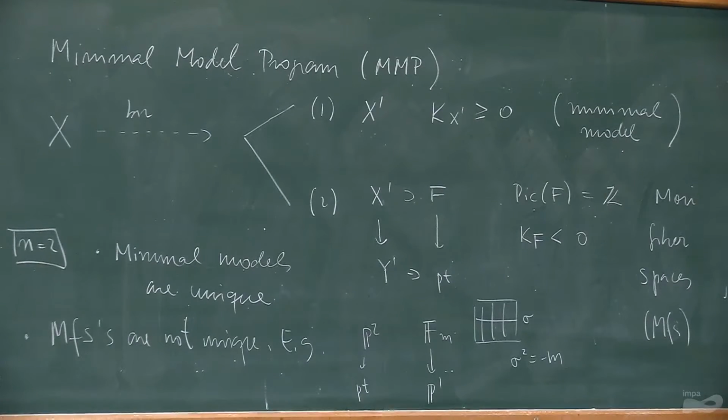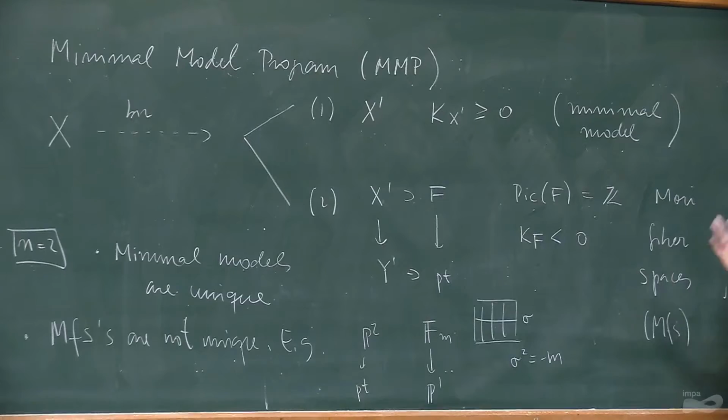Yes, yes, I will. The minimal model program? Yes. No. So for the minimal model program, there have been recent developments. There is a version, let's say, of the minimal model program in any dimension.